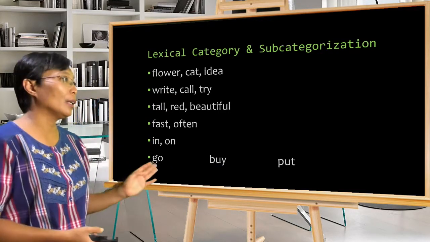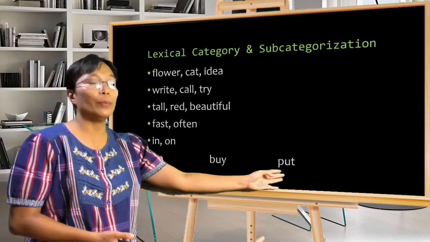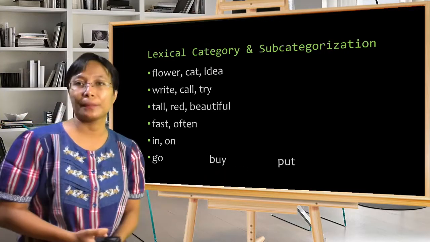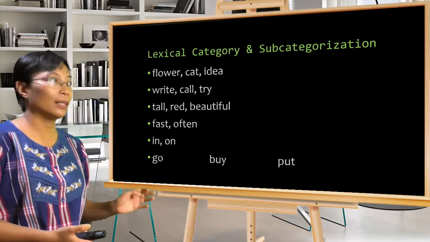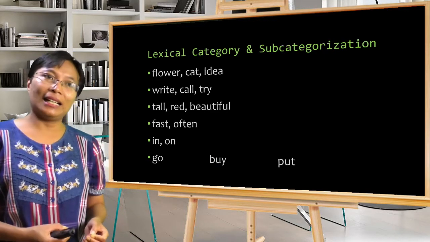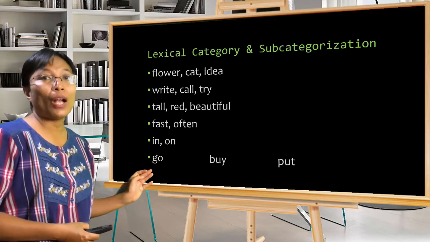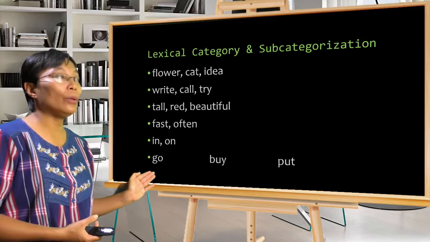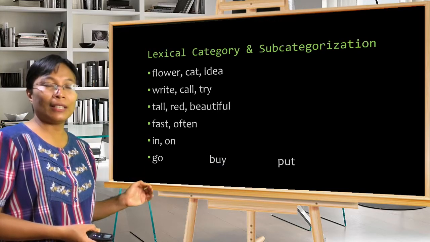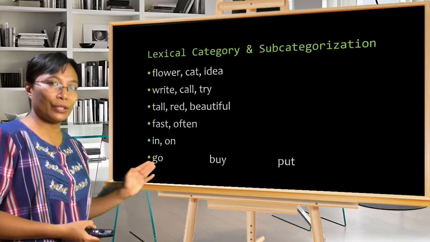Before we go there, tell me the difference between go, buy, and put. What can you say about go, buy, and put? Does the verb go need a noun phrase to come after this verb? No, right? Go will be followed by an element that will tell us about the direction where the person goes, right?